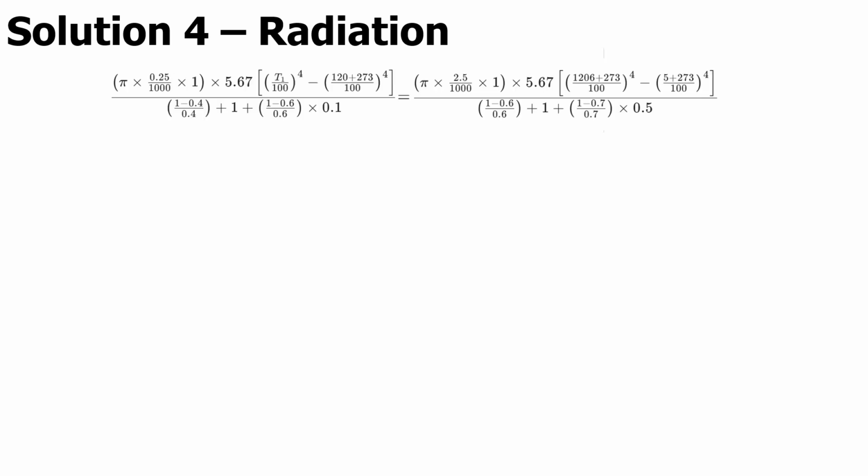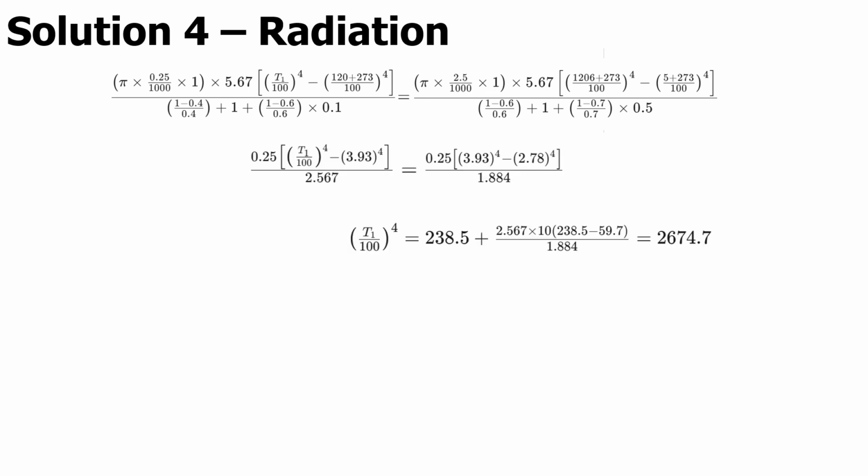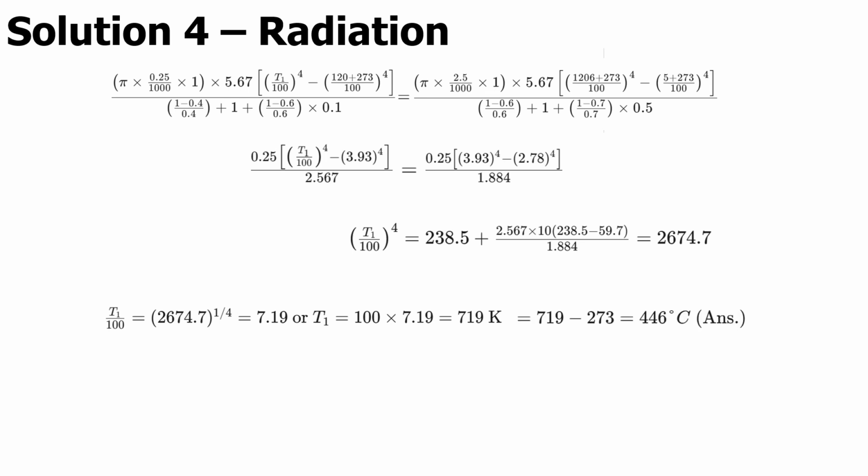And when we do that, we continue with the calculations, and after simplifying the numerical terms and cancelling out the constants like pi and sigma, the equation gives us a value of 446 degrees Celsius, and that is our answer.